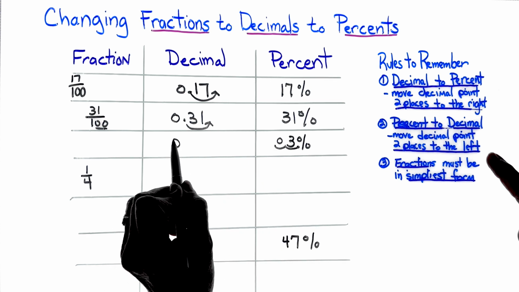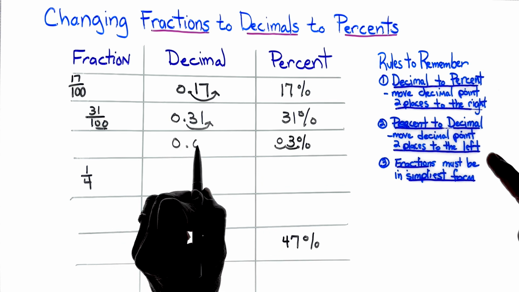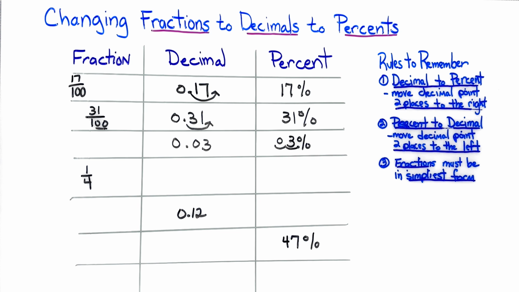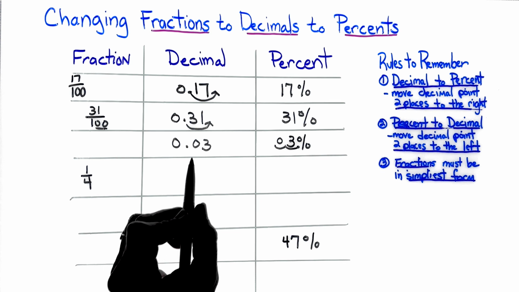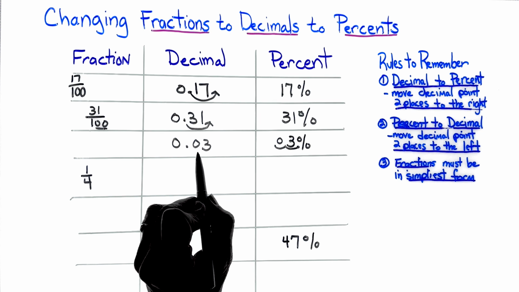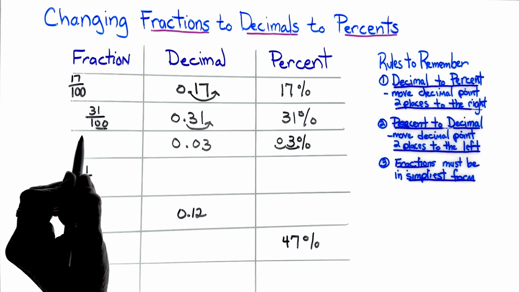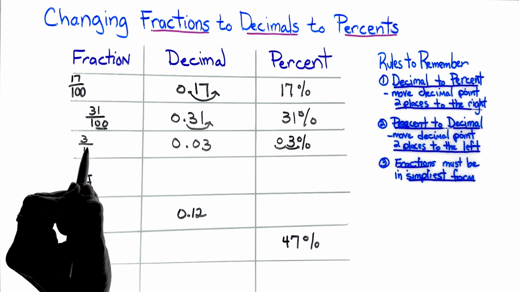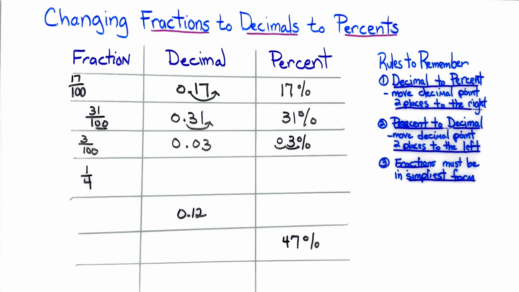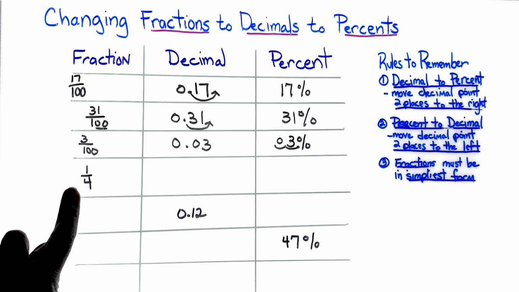So my decimal is going to be 3 hundredths. And again, now I'm going to write this as a fraction. Well, you heard me say when I'm reading it, it's 3 hundredths. And that actually is in simplest terms also, so we don't have to worry about that.